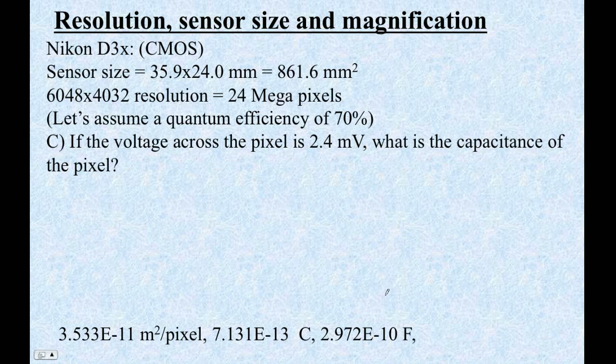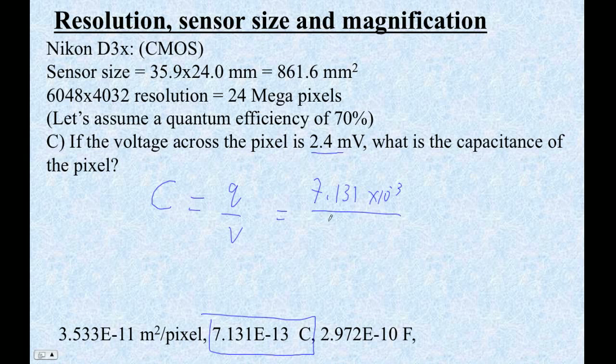Okay, so now we've got that. That's good. So let's go to the next slide here. If the voltage is that much, what's the capacitance? Well, C is Q over V. And we just got the charge, right? So that's going to be divided by, the voltage is 2.4 times 10 to the, oh, this is minus 13th.